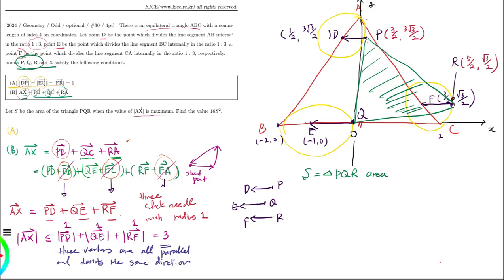In my case, if I were you, I'm going to extend this line segment PR, and we have an x-intercept here from P to R. R is here.